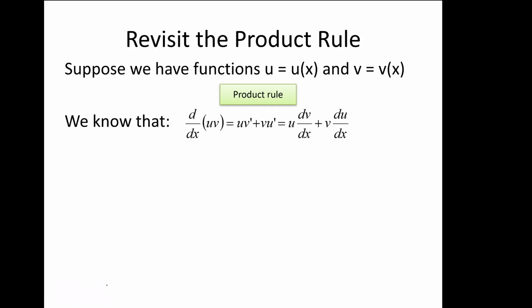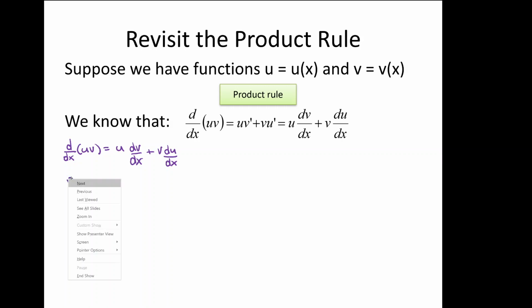Next step. So I'm going to write down that step again. d by dx of u times v equals u times dv by dx plus v times du by dx. And then do a step, kind of two things in one step.